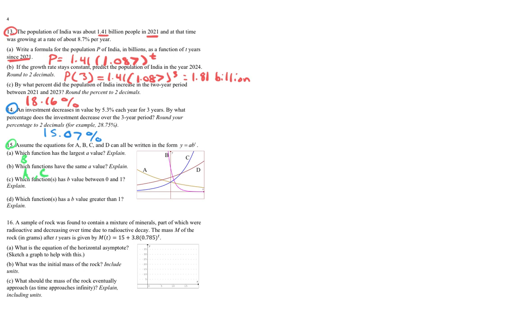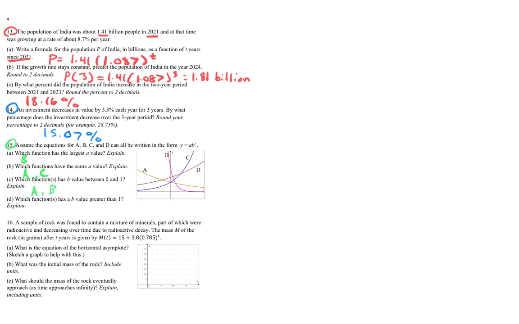So which functions have a b value between 0 and 1? If you're between 0 and 1, that means your graph is going to be decreasing, or you're going to be looking at some sort of decay. So the ones that have that are b, because we're decreasing, and a, because we're decreasing. So part C, it's going to be a, and then b.